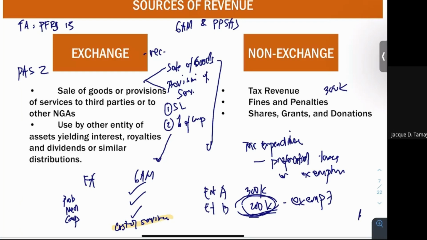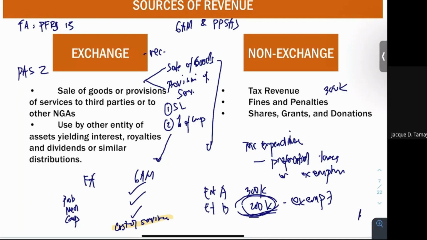So in short, a tax expenditure is a foregone revenue. Do not record it. Okay? Do not gross it up. I hope we are clear there. Again, as an example, entity A has 300,000 tax due. Entity B has 200,000 tax due if ever it is taxable. However, entity B is exempt. How much should be recorded?